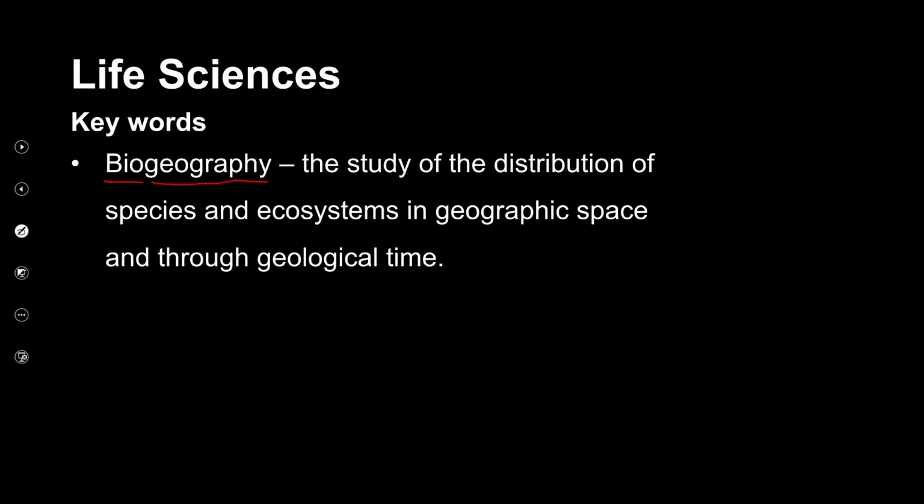So we look at the distribution of species and ecosystems in geographic space and through geographical time. In other words, we look at how the continents were arranged at various times and why we find organisms that are similar but are actually thousands of kilometers apart.